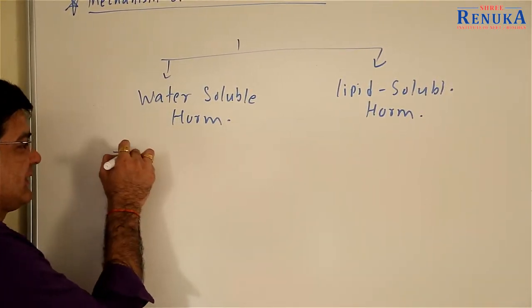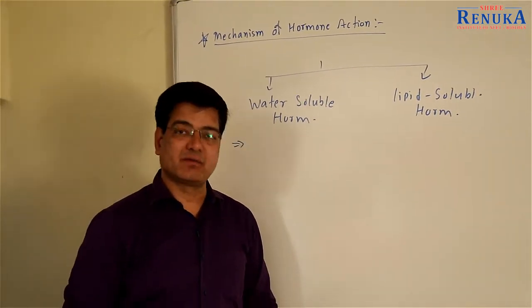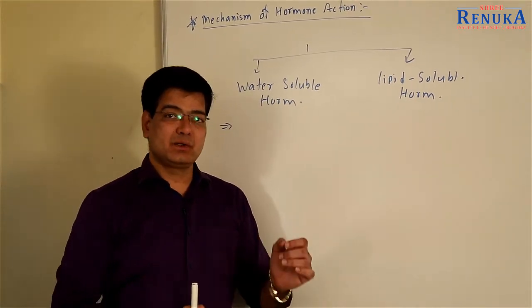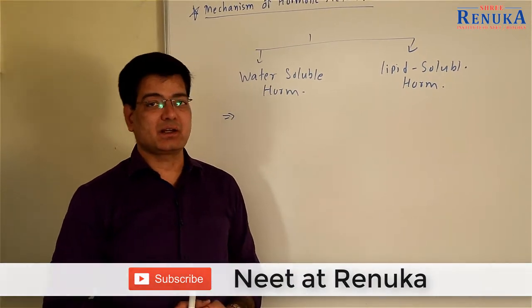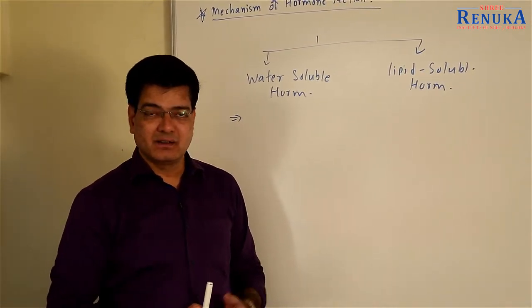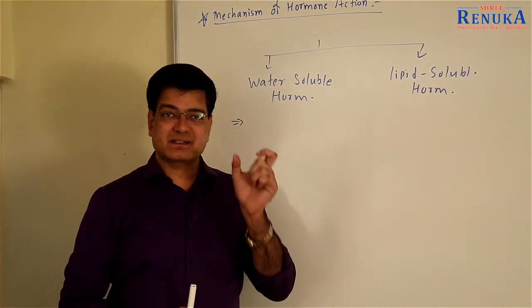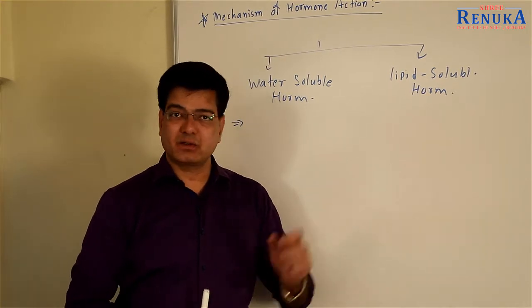Water soluble hormones are proteinaceous hormones formed of amino acids. But remember that some iodothyronine like hormones, simply T3 and T4, are also water soluble. In the case of water soluble hormone, the extracellular receptor is required for the action of the hormone.